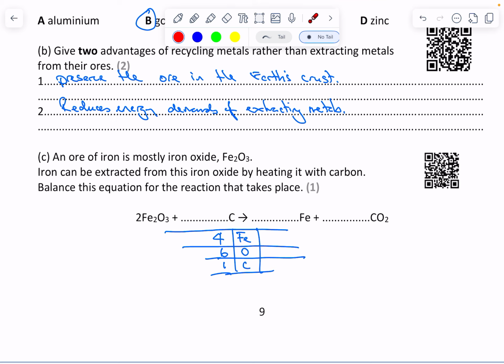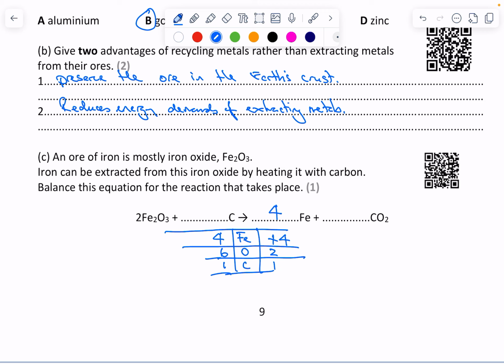And at the moment, I've just got 1 carbon because here there's just 1 carbon. Do the same on this side. So at the moment, I've only got 1 iron. I have got 1 carbon and 2 oxygens. So I want to make my iron correct. I'm going to have to put a big 4 in front of this, and that gives me 4 irons.